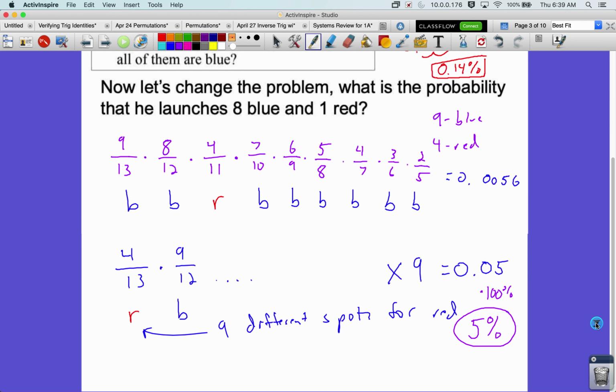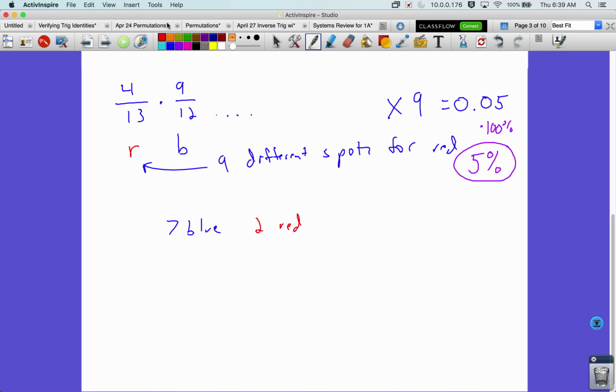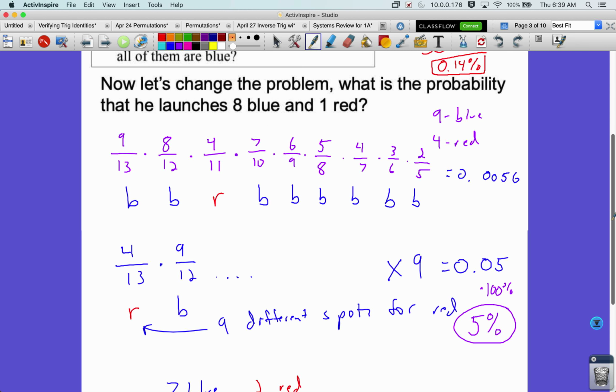Okay, let's change it again. Let's say what's the probability that he does 7 blue and 2 red. All right, so I don't have to write out all of these numbers again.